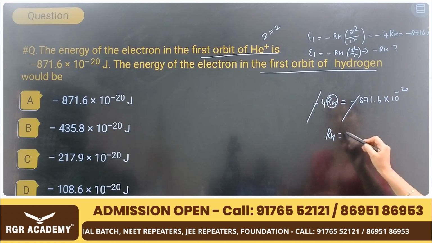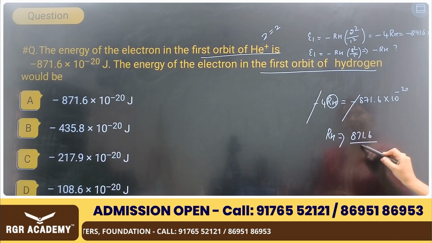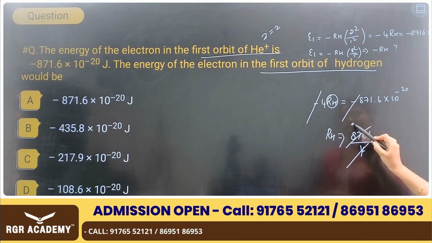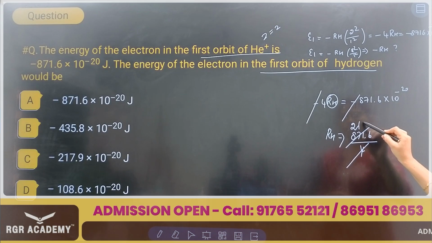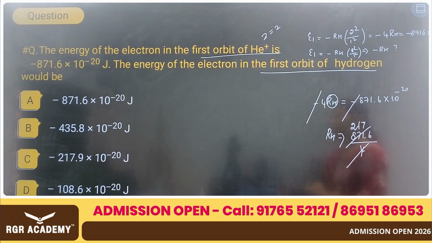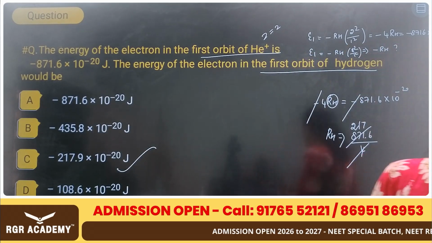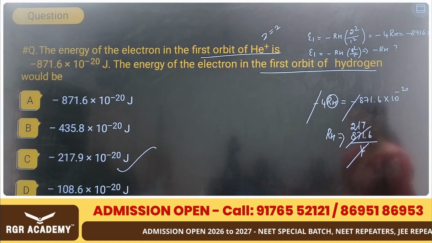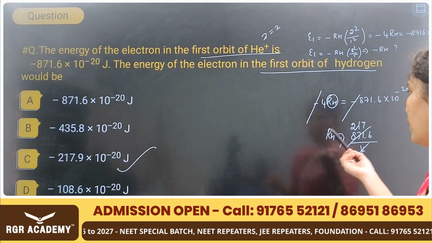So RH alone I want, that is 871.6 divided by 4. While we are cancelling, what we will get? 217, so it will be around 217.9. So that will be our answer. For energy, the value should be in negative, right? So we need to apply that.